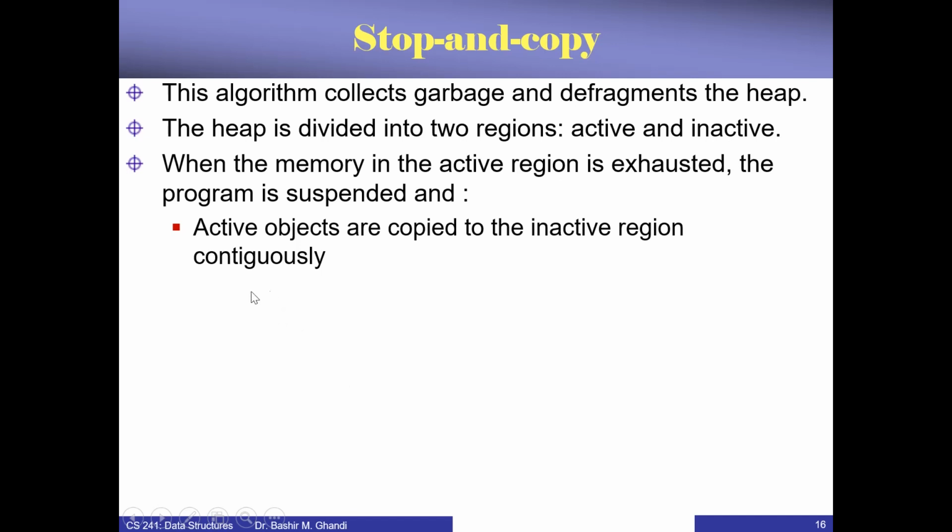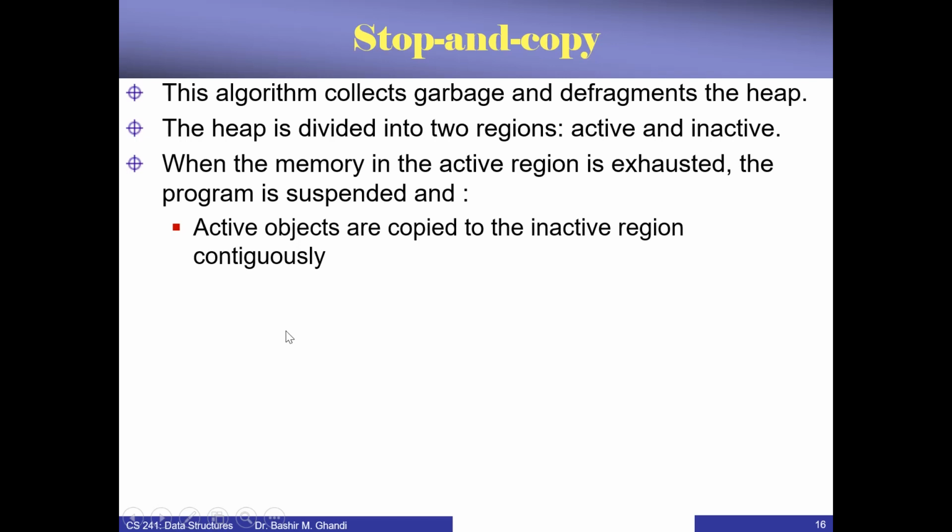What the memory manager will do is copy all the blocks that are in the active part to the inactive part, but the copying is done contiguously, meaning they are put next to each other. In the active part, one block could be at the top there, another block could be down here, but when copying, they will be put together next to each other. This is what brings the defragmentation, because instead of having small pieces in different places, now they are together in one block.